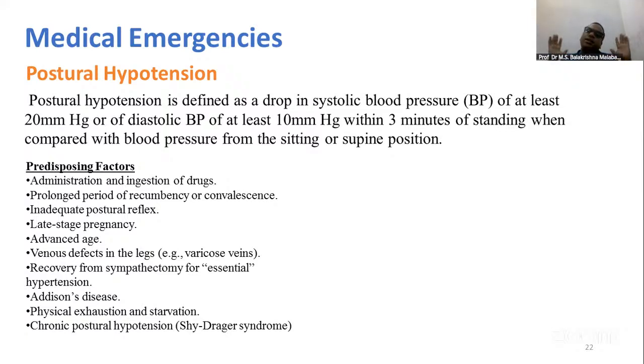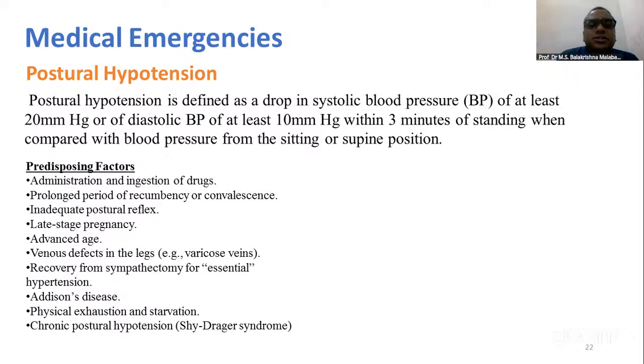So you were sitting or lying down for a long period of time. Suddenly, when you stood up, you felt that the earth is rotating, you are getting giddiness. That is because the systolic blood pressure went down by 20 mm of Hg and diastolic by 10 mm of Hg. So what are the predisposing factors?